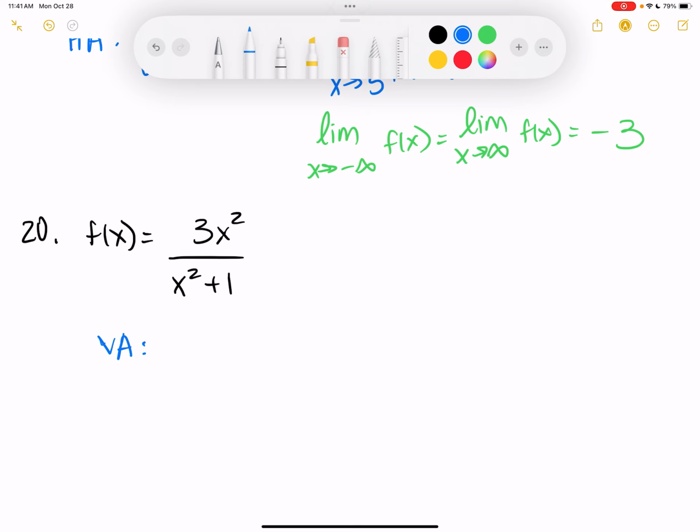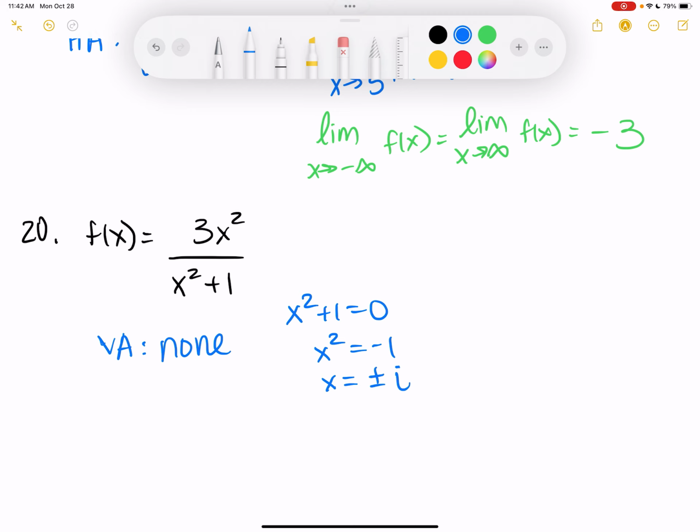Asymptotes have to be real numbers. So what happens if I set this equal to 0, x squared plus 1 equals 0? I get x squared equals negative 1. Take the square root of that, I get x equals plus or minus i. I can't have an asymptote at a non-real number, so there are none. There are no problem numbers that I can plug in here.